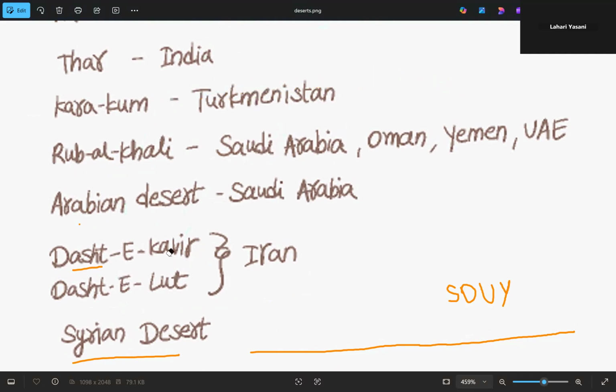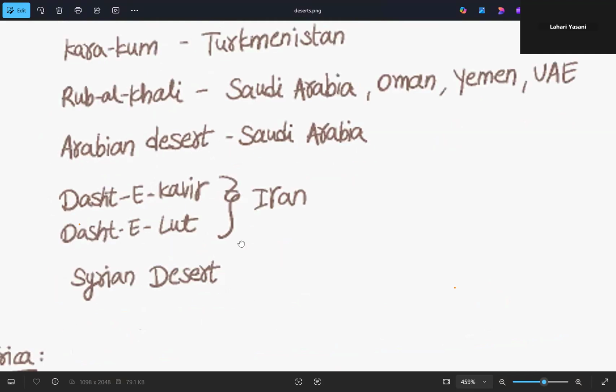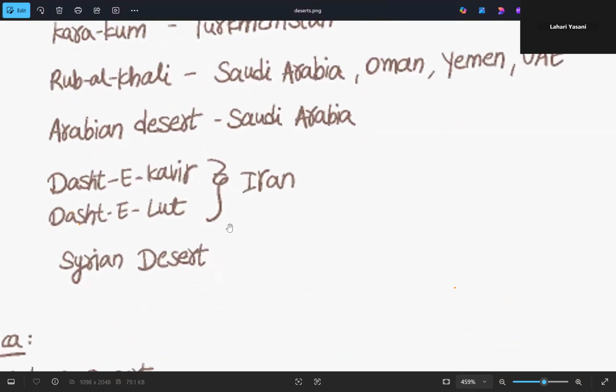What is the next one? Arabian Desert. So this is also a hot desert, and there is some significance about Arabian Desert. It is rich in natural resources, like oil. There is so much oil being exported from Arabian Gulf countries, from countries where Arabian Desert is spread over.